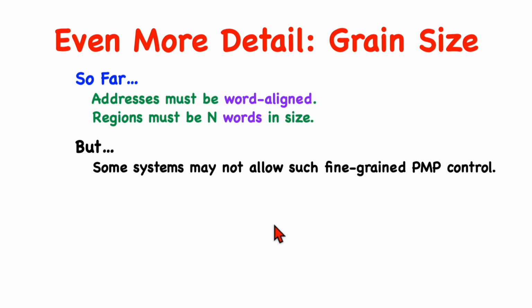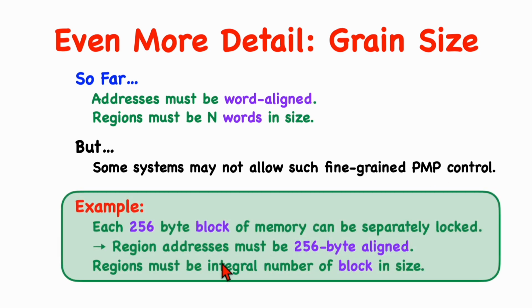But some systems might not support such a fine-grained control over the PMP privilege system. As an example, we can imagine a system that can support physical memory protection, but only on chunks or blocks of size 256 bytes.